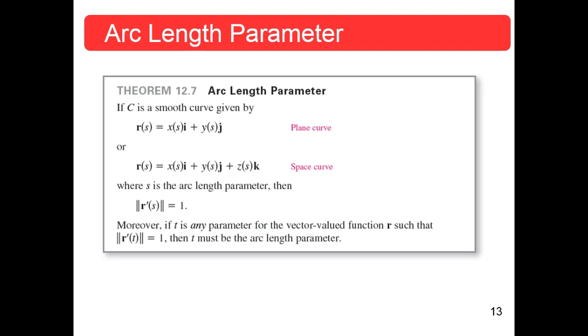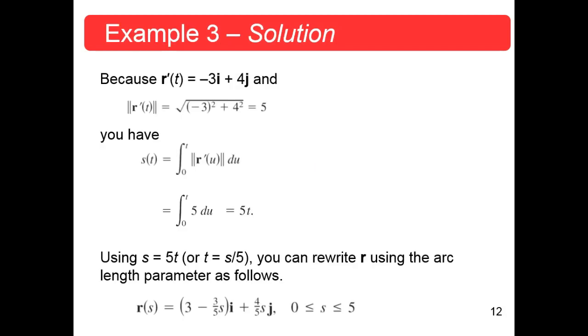Where s is the arc length parameter, then the magnitude of r prime of s is 1. Wait a minute. Would that have been true in our last one? Let's go back and see. There was s going from 0 to 5. What is r prime of s? r prime here would be what?